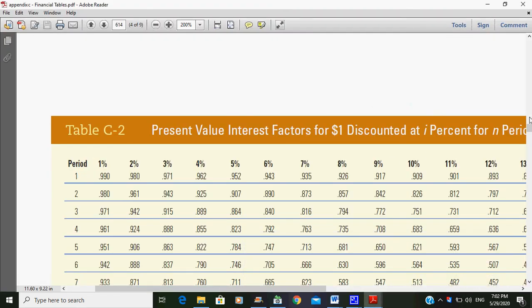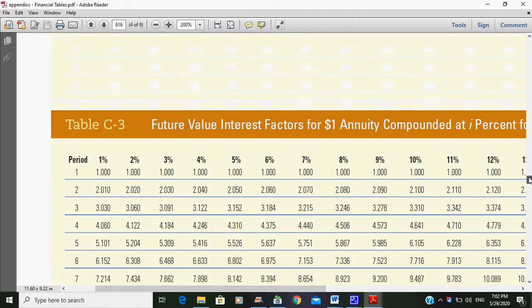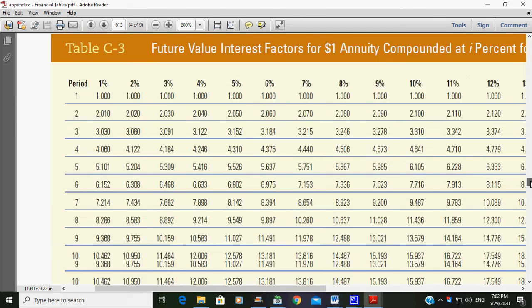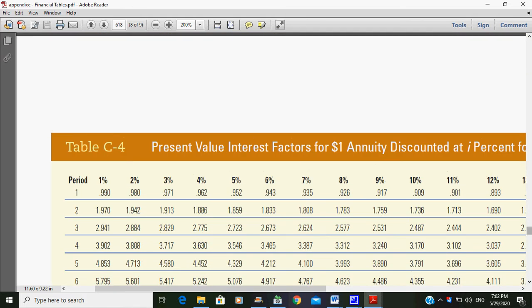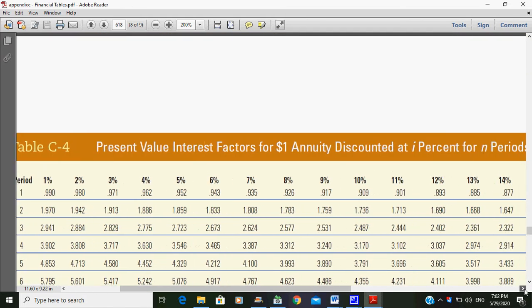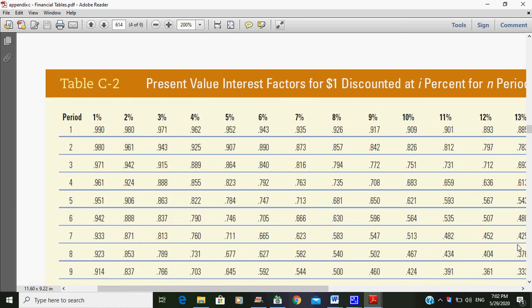Present value of annuity table. Sorry, not that one. So this is what? 14% for 4 years. Look at 4 years first. Go across. Sorry, wrong place.